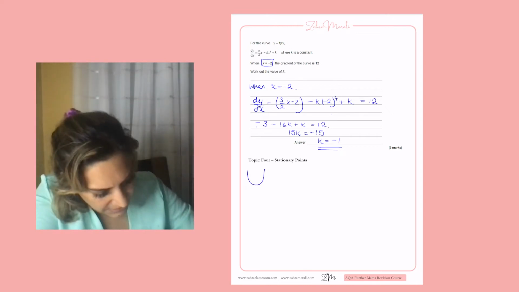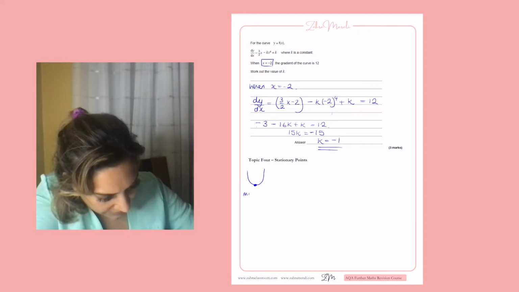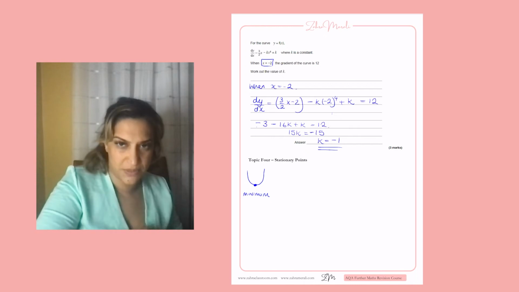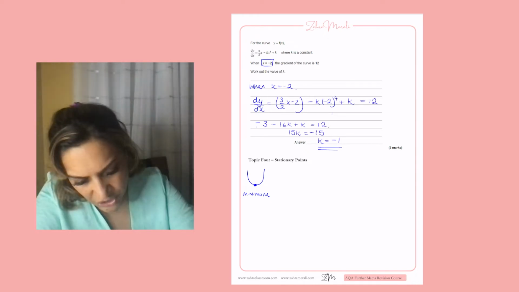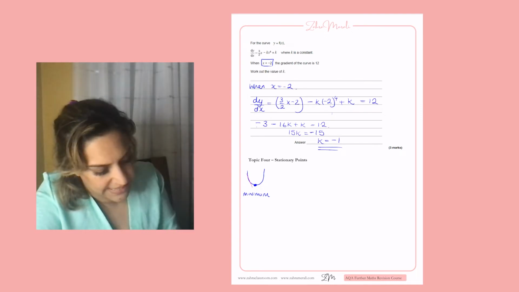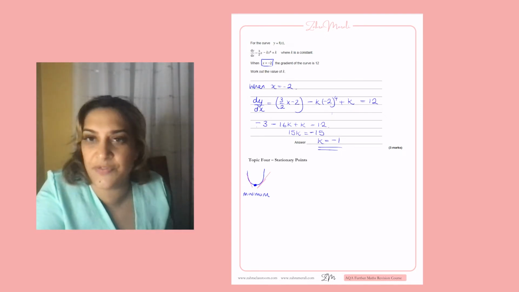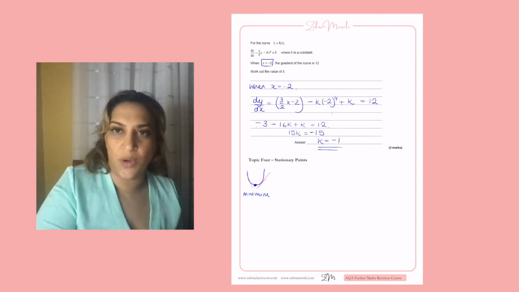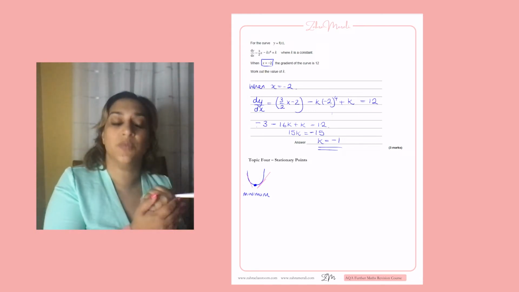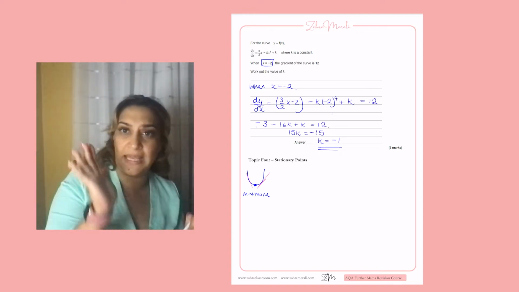This has a minimum point, a point at which it's the lowest. If we have a look, the gradient just before that is negative and just after it is positive. So you get your turning point. In this case it's negative and then it'll be positive.